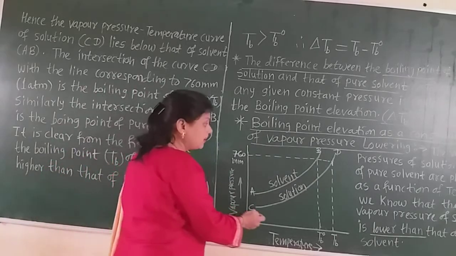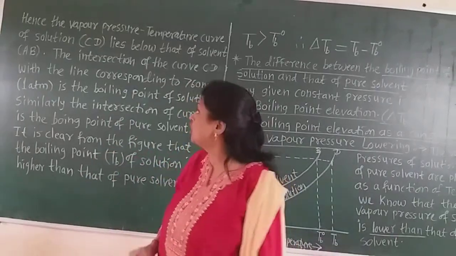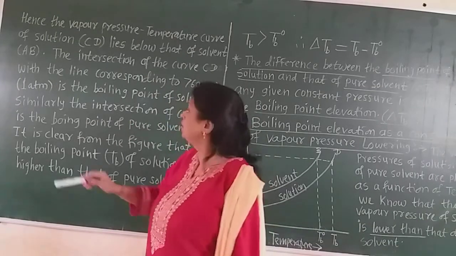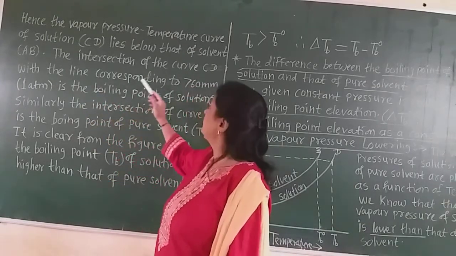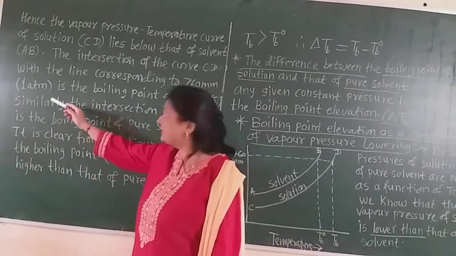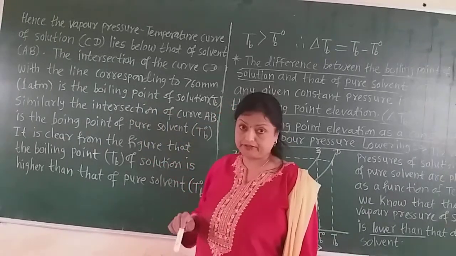This CD curve is always lower than the curve AB of the solvent. The intersection of the curve CD with the line corresponding to 760 mm, that is 1 atmospheric pressure, is the boiling point of the solution, that is TB.